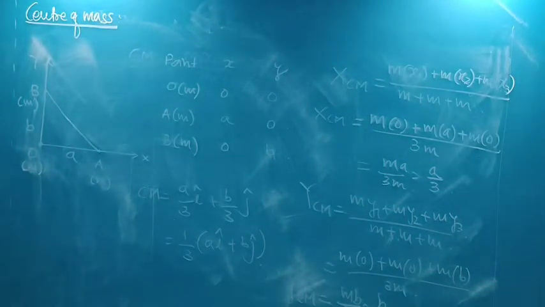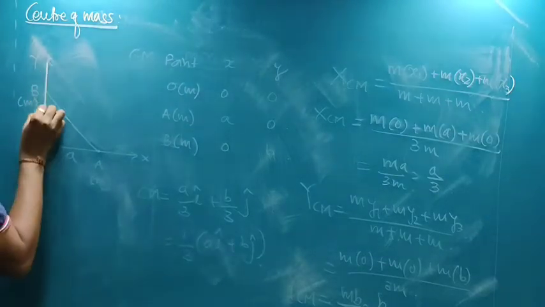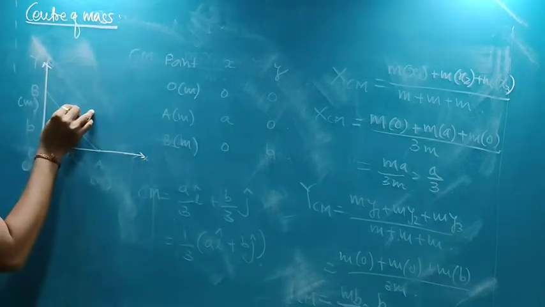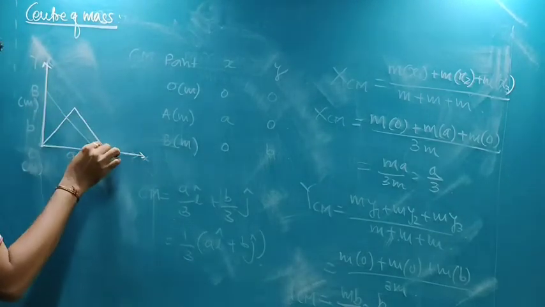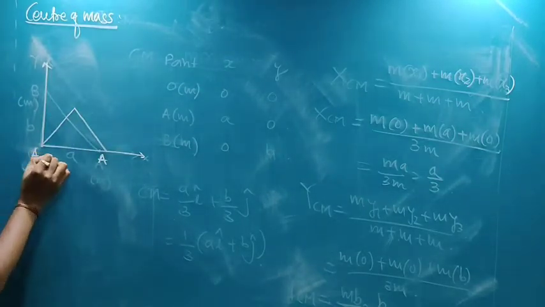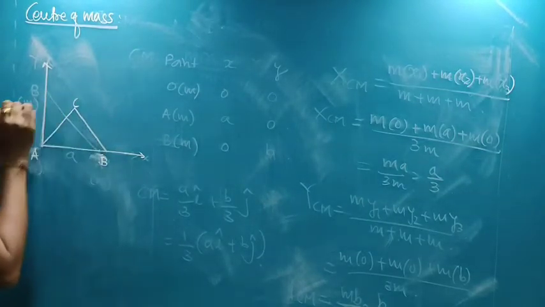Three particles of masses 1 kg, 2 kg and 3 kg are situated at the vertices of an equilateral triangle of side b. Again, in vector form. So I will draw one equilateral triangle. This is ABC, my equilateral triangle.